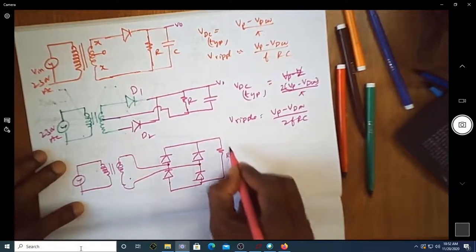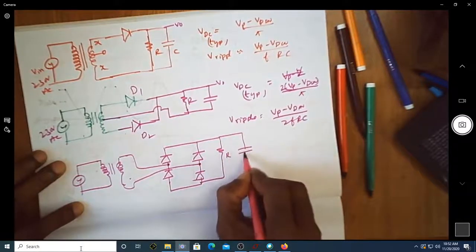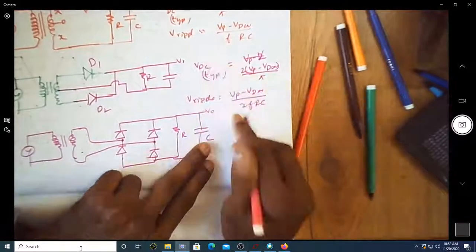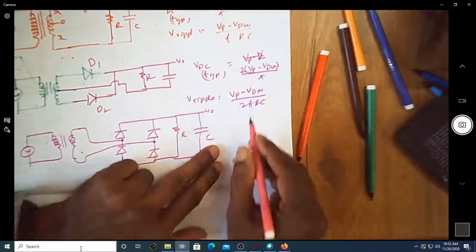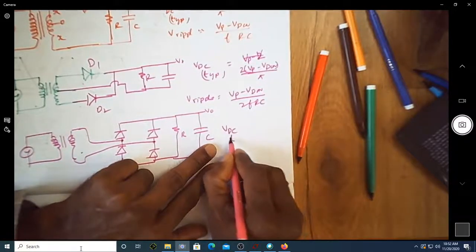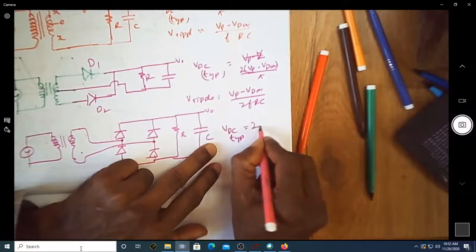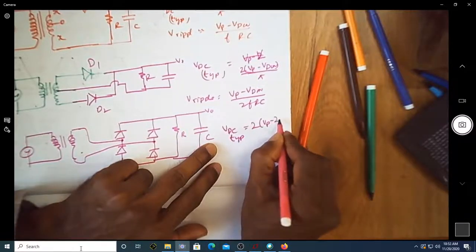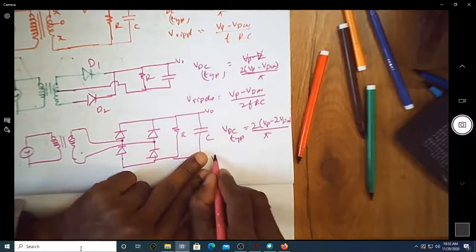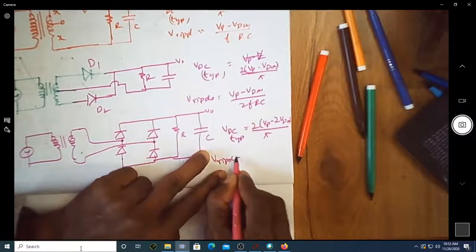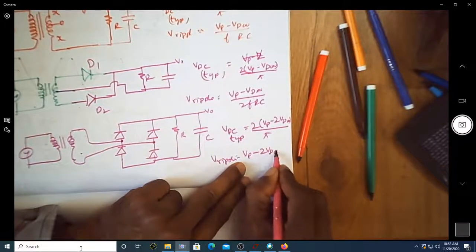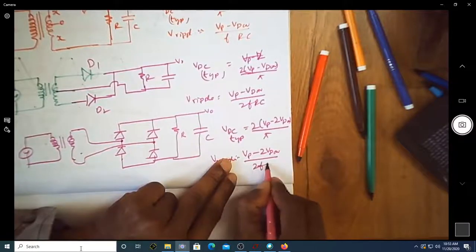This is again R, this is the value of C. If you measure V0, it is similar to this, only thing is that here Vd on will become 2 Vd on. So VDC typical becomes 2 times Vp minus 2 Vd on by pi, whereas V ripple is Vp minus 2 Vd on by 2 FRC.